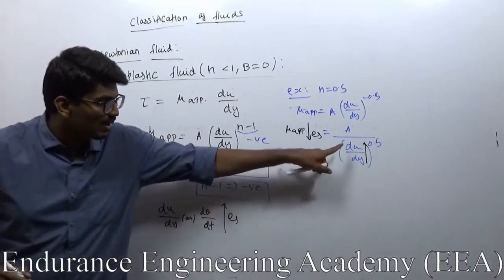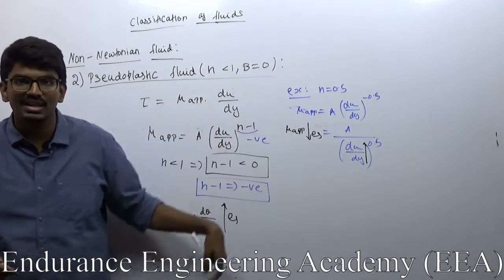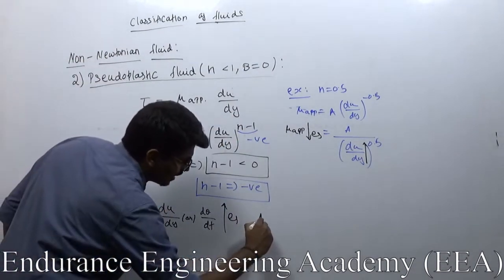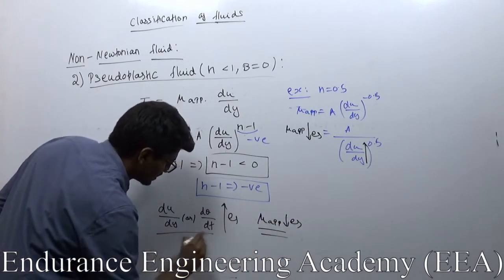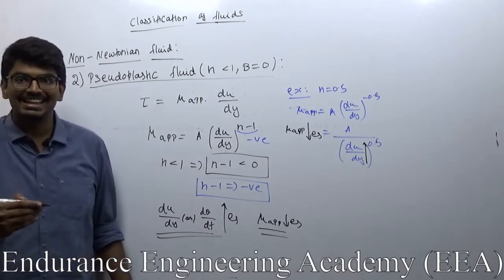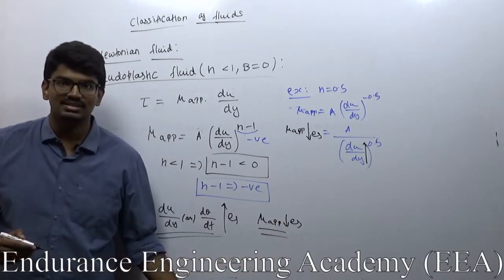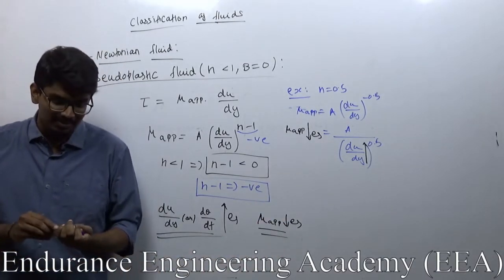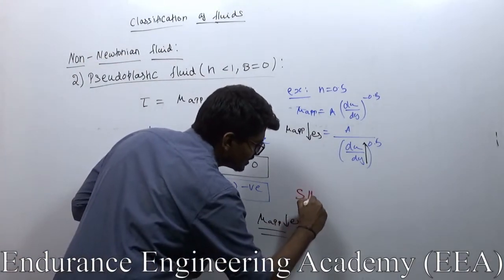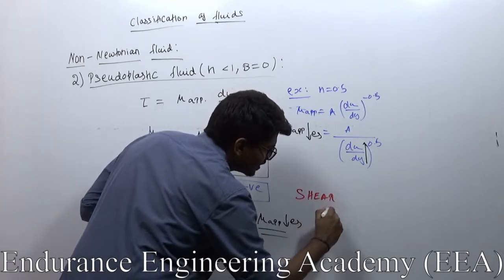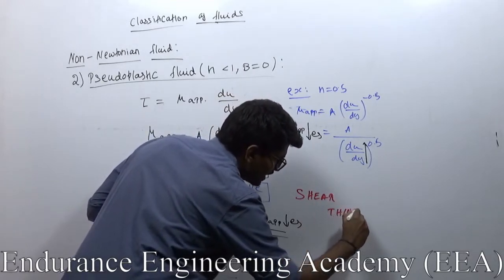So if du by dy increases, the apparent viscosity decreases. So as du by dy or d theta by dt increases, apparent viscosity is decreasing. So this type of fluid is called a shear thinning fluid.